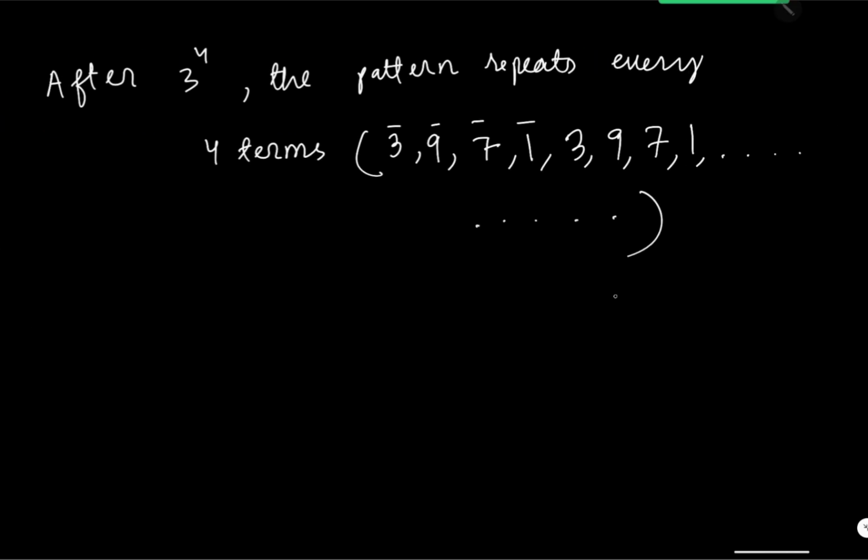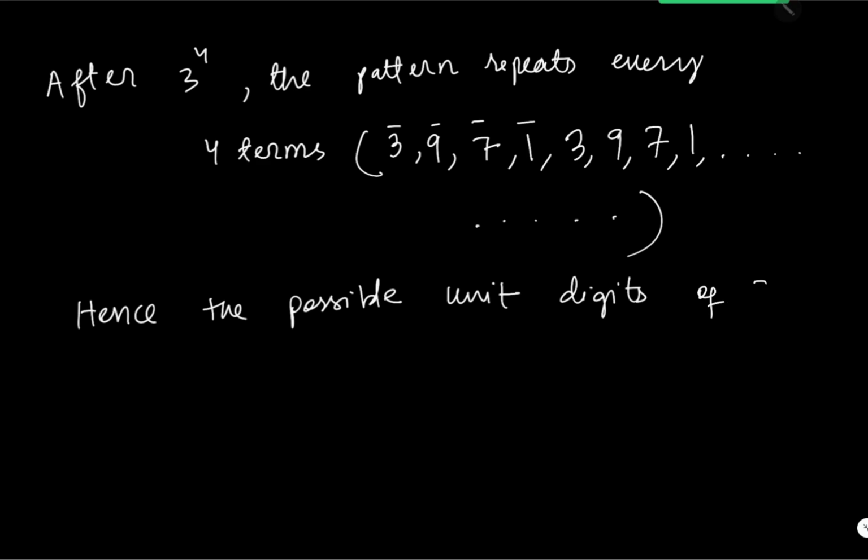We have shown that, but let us write it properly in a statement. Hence, the possible unit digits of 3^n are 3, 9, 7, or 1. It can be one of these 4 numbers, and all these 4 numbers are odd.